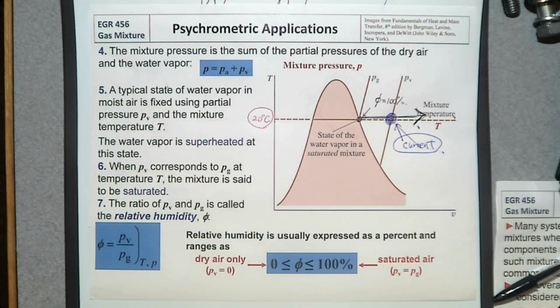If you decrease the temperature of this classroom without changing the amount of water, then partial pressure. By the way, how do we determine this partial pressure?